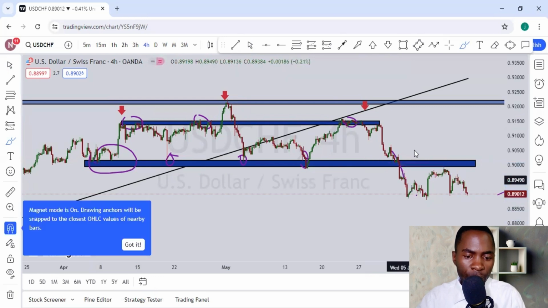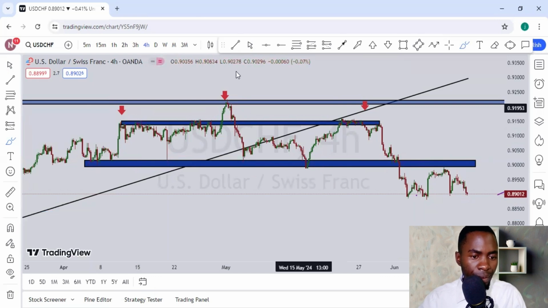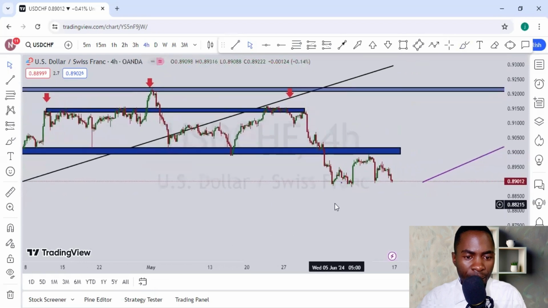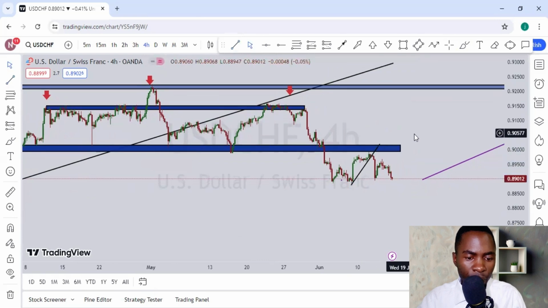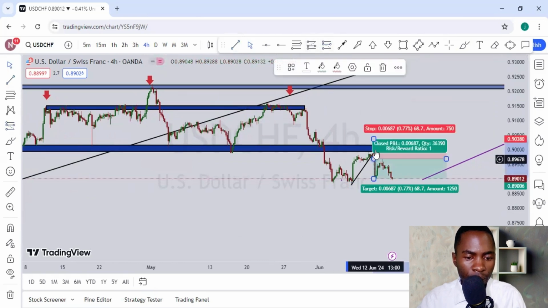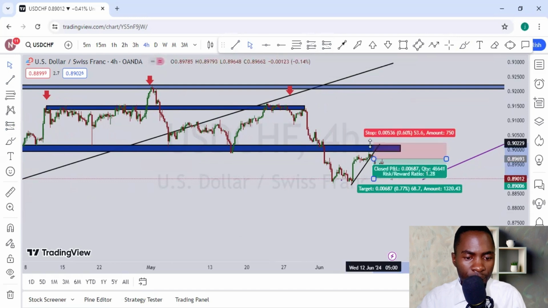So if I could have taken this trade now, around here, that would be my counter trend line. And I enter around here.